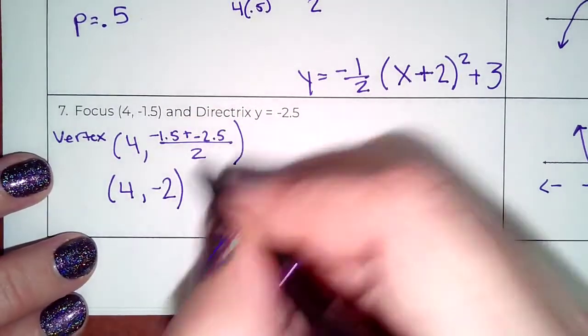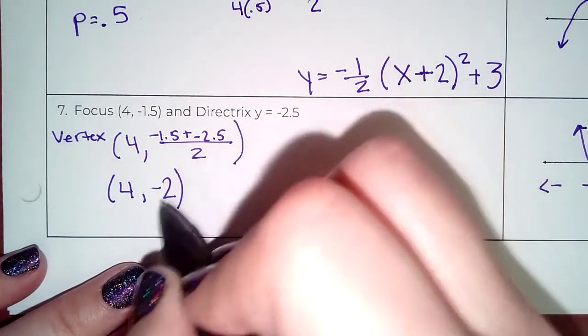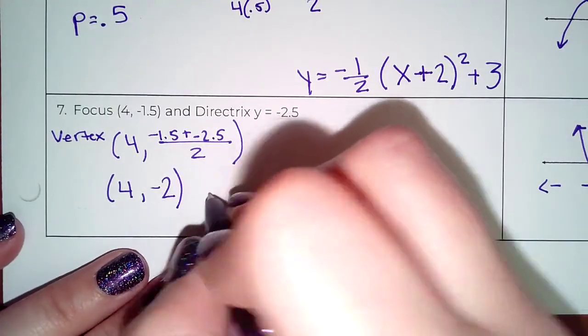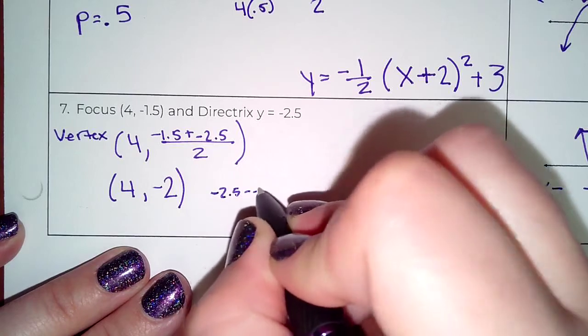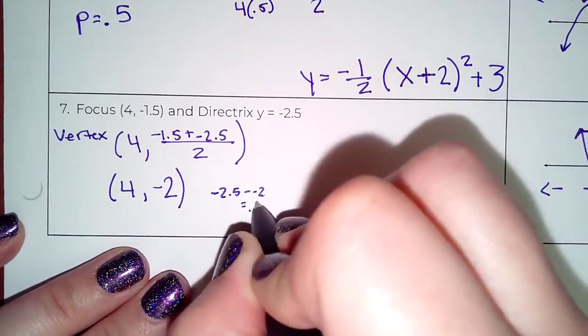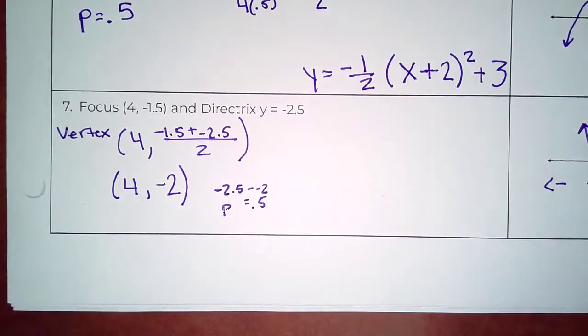How far apart are these? Negative 2.5 minus negative 2: those are 0.5 apart. Even though it's negative, distance is always positive. So my period is 0.5.